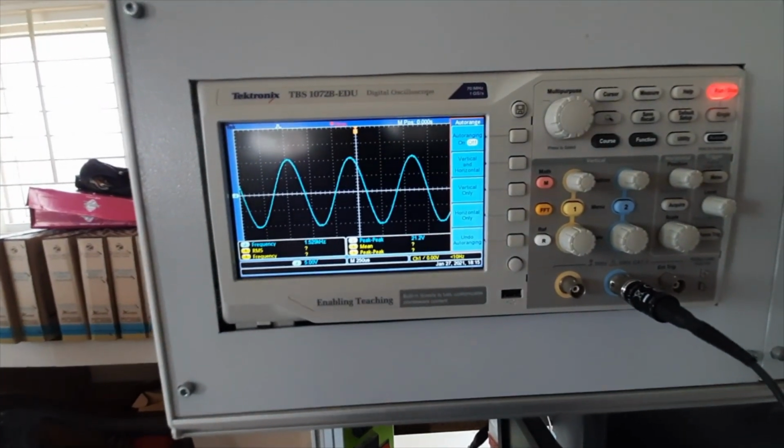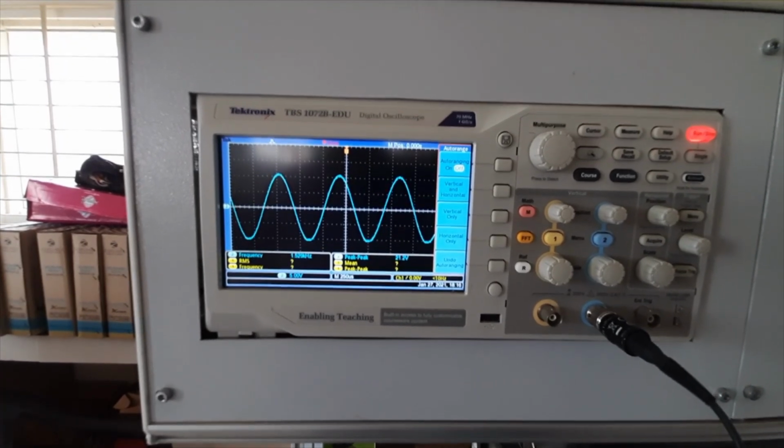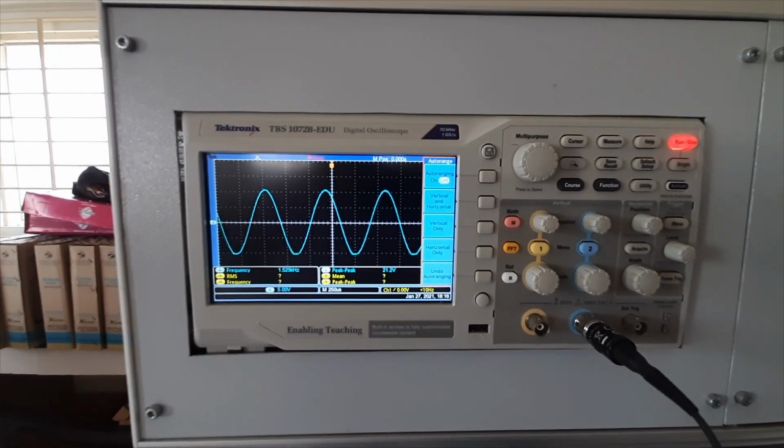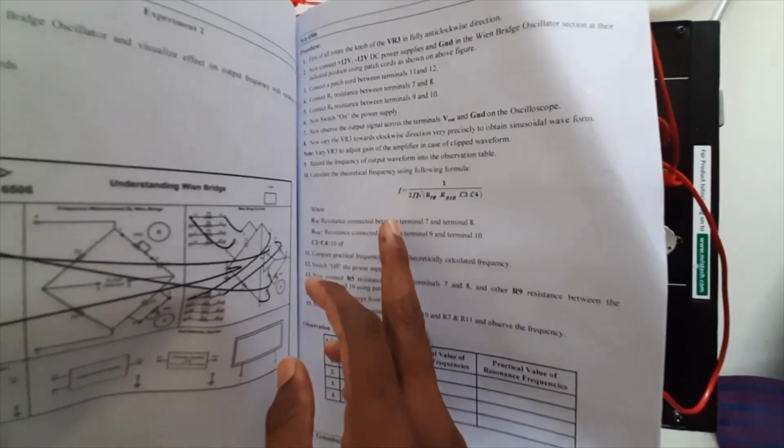That is the practical one. Now let us compare this frequency with the theoretically calculated frequency. For the Wien bridge oscillator, the frequency formula is 1 by 2 pi times the square root of R1 R2 C1 C2.